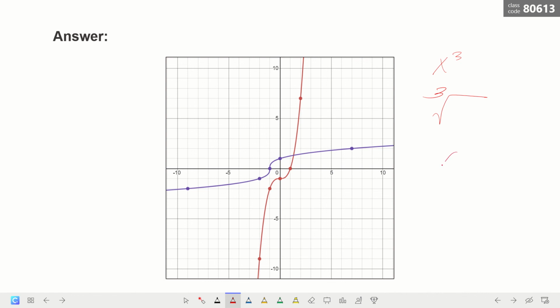So, for example, for x squared, the inverse is the square root. For the cubic function, the inverse is the cube root function. The inverse of a quadratic function is the square root function. Just to recall.